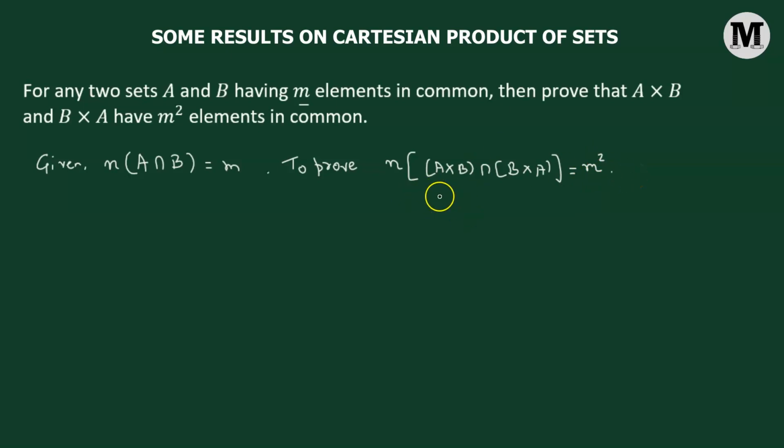Now, in order to find the total number of elements that are common to both the Cartesian product of A and B and of B and A, we have to take the help of a formula that we have already used in the previous problem.